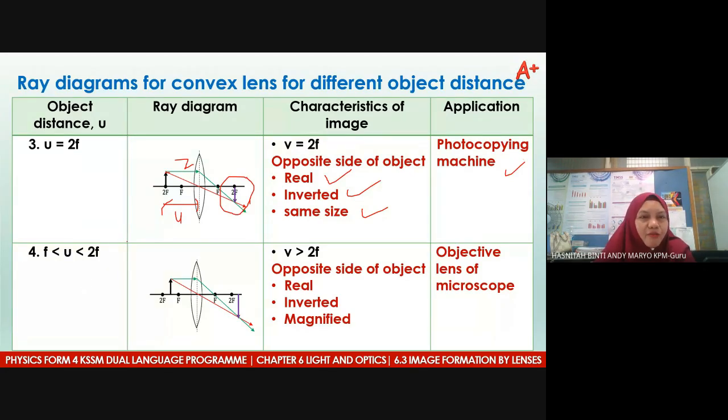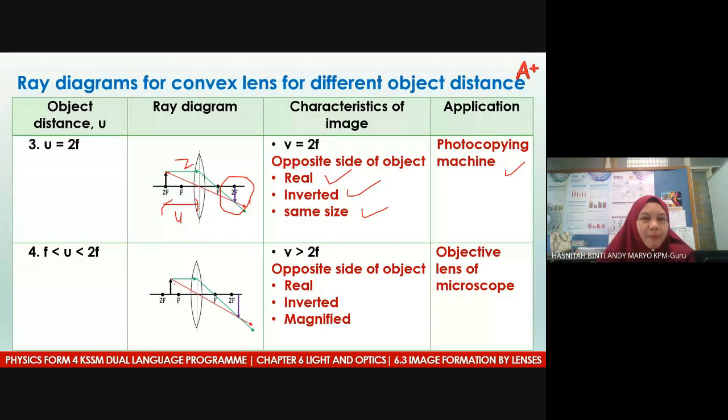Okay, then the fourth position. Okay, we bring the object closer, getting closer and closer to the lens. So now it is placed in between F and 2F. Okay, it can be anywhere. It does not necessarily have to be exactly at the center between F and 2F. It can be closer to F or closer to 2F as long as it is between F and 2F.